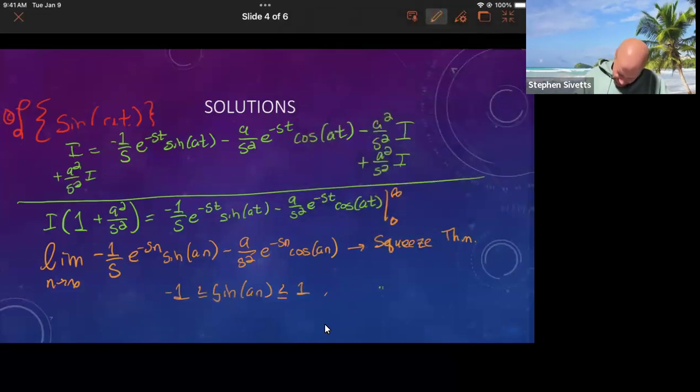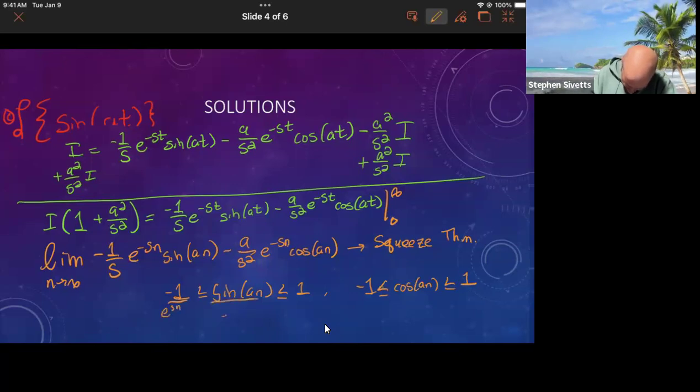So cosine of any angle will always be in between negative 1 and positive 1, right? And if I divide both sides by e to the sn, I'll get this, right?